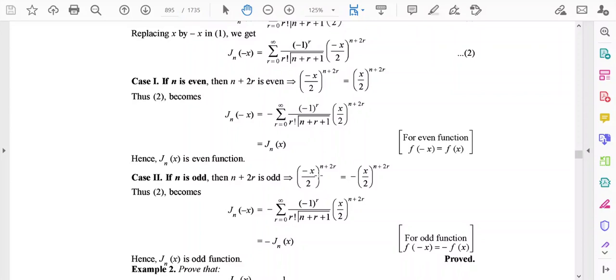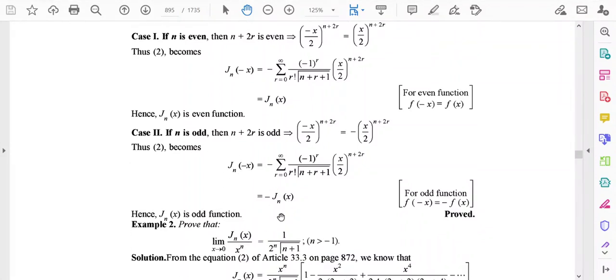So in this case Jn(minus x) is equal to minus of the summation of minus 1 to the power r divided by r factorial gamma of n plus r plus 1, times x by 2 to the power n plus 2r, and that is minus Jn(x). So if n is odd, Jn(minus x) is equal to minus Jn(x).